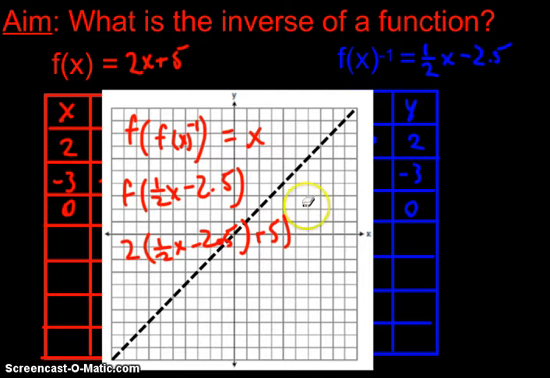So that's x minus 5 plus 5, we just get x. Okay, so if two functions are inverses, if you take their composition, you'll get x.